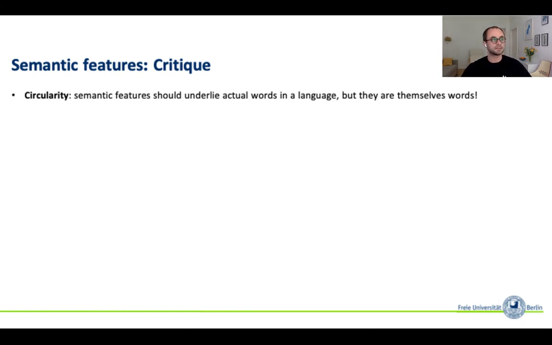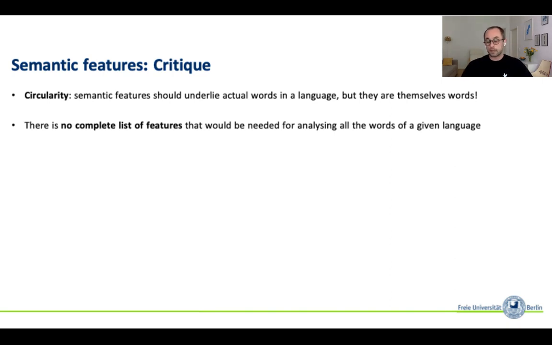But if we have a semantic feature such as plus feline, then this is not really less complex, and it's based on words of the language, right? And again, this is a discussion that we sort of had when we talked about the idea of language of thought. Then we talked about the problem of infinite regress, right? How to explain complex meaning or complex concepts with less complex ones.